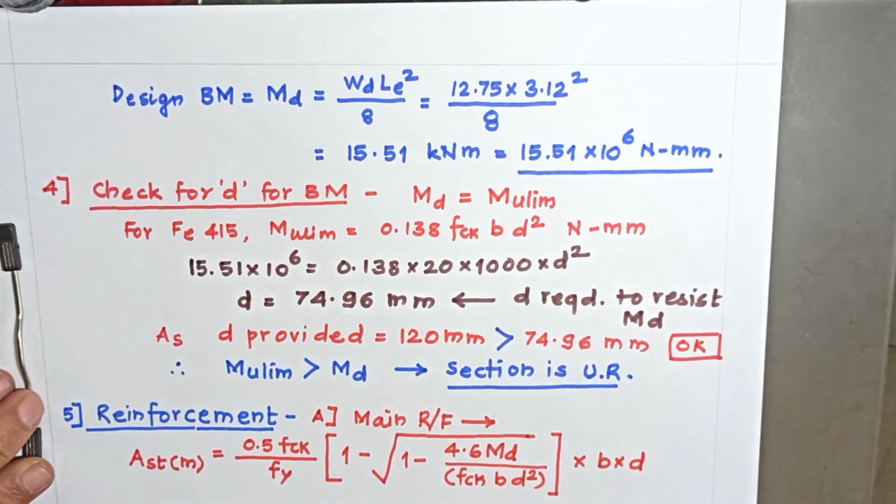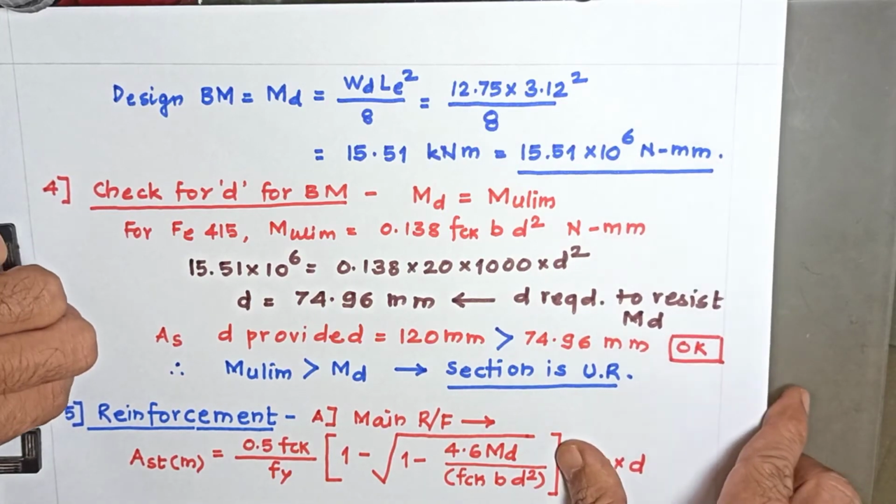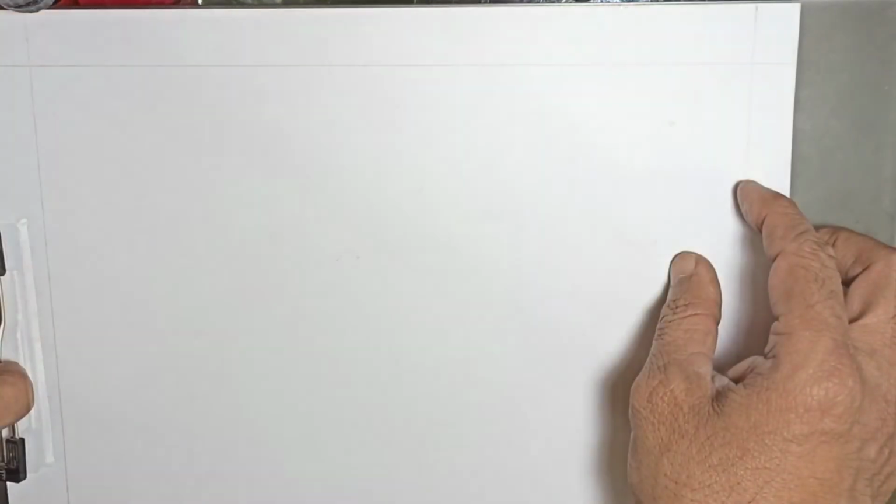This is the formula to calculate the area of reinforcement for under reinforced section. So look here, Ast main is cross-sectional area of main reinforcement, fck is grade of concrete, fy is grade of steel, MD is design moment, B is the width, 1 meter wide, D is effective depth, and by this formula we have to calculate this. Okay, so let us continue.